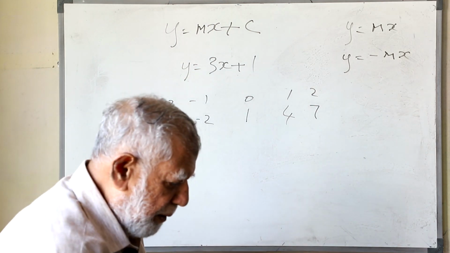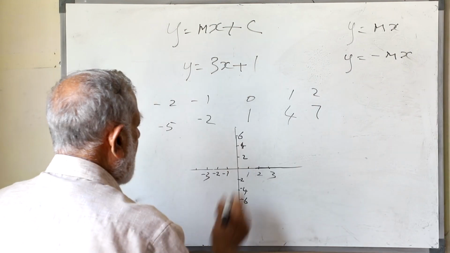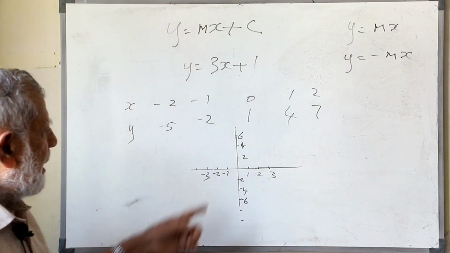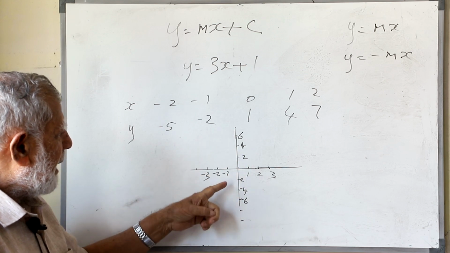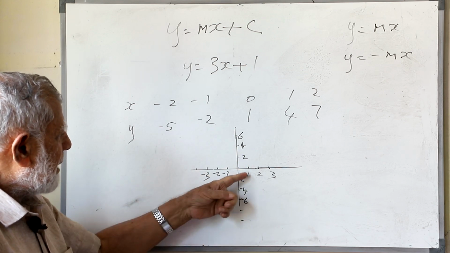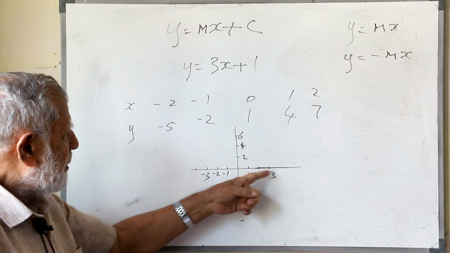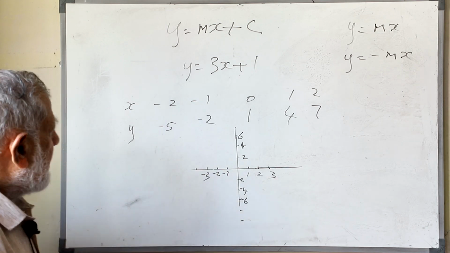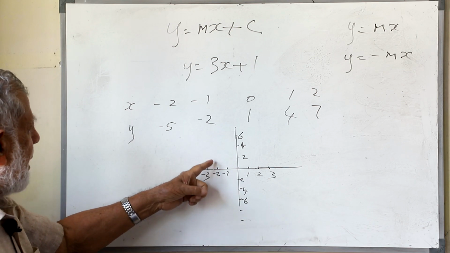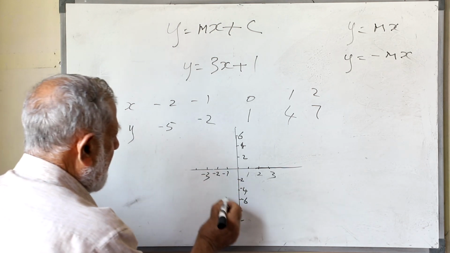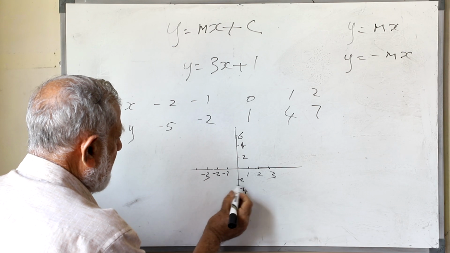Now we will try to draw the graph. Around the y-axis I have taken the values 2, 4, 6 and minus 2, minus 4, minus 6. Around the x-axis I do 1, 2, 3, minus 1, minus 2, minus 3. So first value x equals minus 2, y equals minus 5. So the point will come here, minus 2, minus 5.